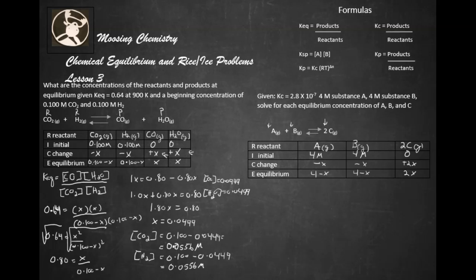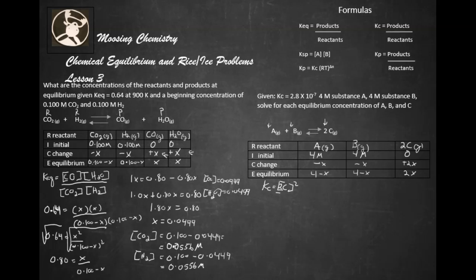All right, now we're going to set up our Keq expression, and this is what we're going to do. It's going to be Kc this time, which is the same thing as Keq, as far as the way it sets up. So you would have C squared, and it's actually going to be 2C squared.